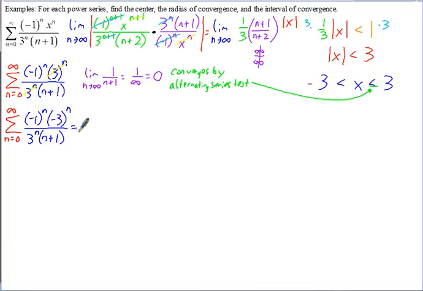So on this one, if you combine these, negative 3 times negative 1 to the n, that's just 3 to the n over 3 to the n plus 1. So those cancel out. All we're left with is 1 over n plus 1.